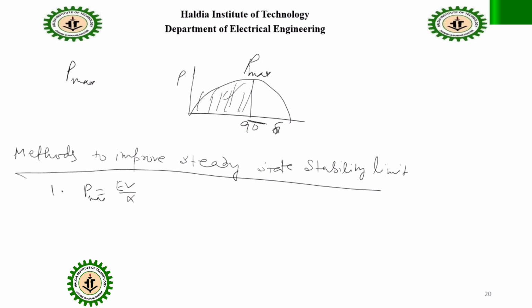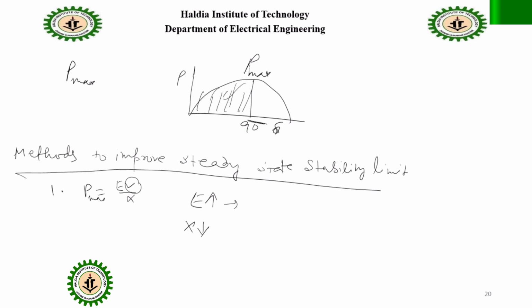So if V is constant, terminal voltage is also constant, so excitation is increased. If excitation is increased, that is overexcited. Again, if X, the reactance, is decreased, which means reducing the inductance, we can improve the steady state stability.